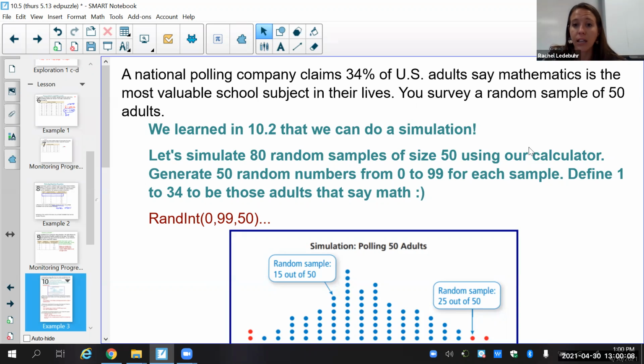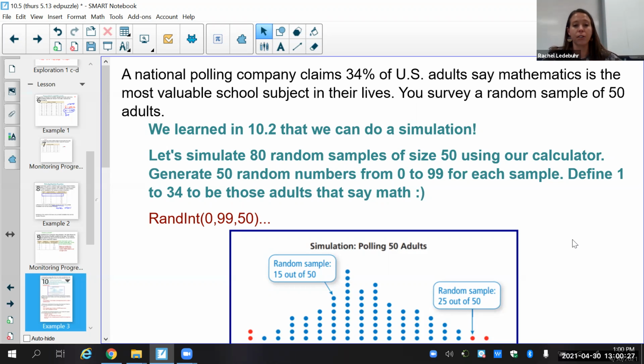Each of those samples is 50. We're going to use our calculator. I'll walk us through in a second. So we want to generate 50 random numbers from 0 to 99 for each sample. We're going to define 1 to 34 to be those adults that say math.